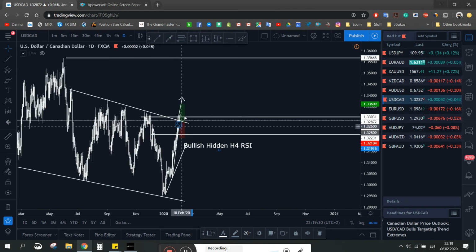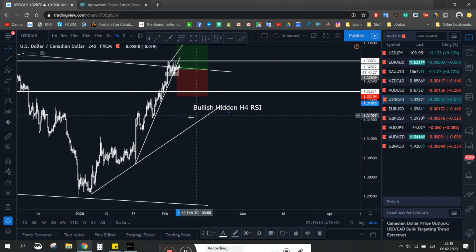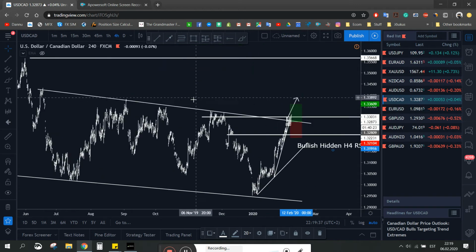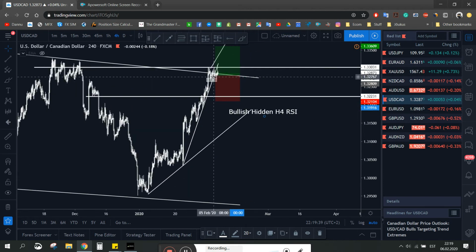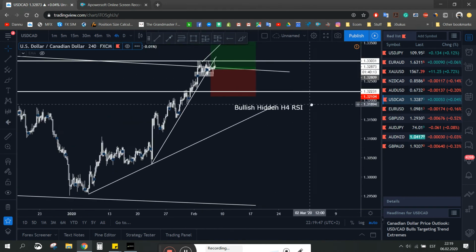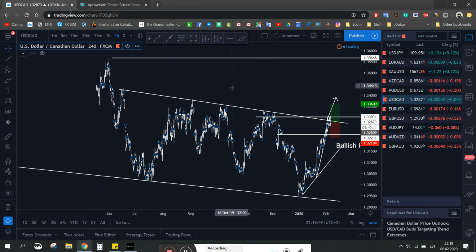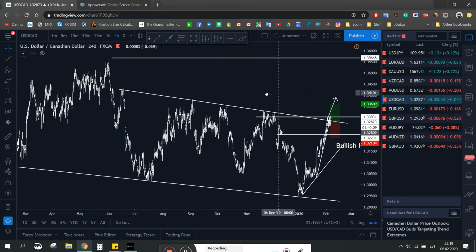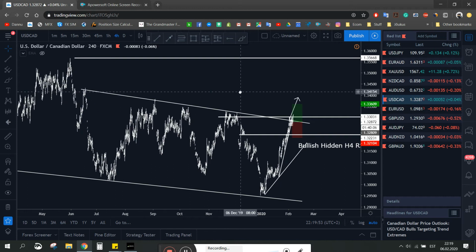But I was thinking of buying to the trend line. Oh no, it's currently at a pretty major support resistance. So you never know what price might be doing here, because it's been in a range for a while.